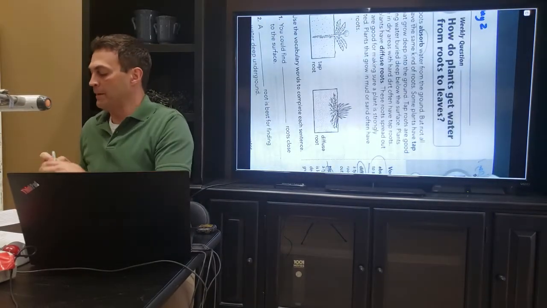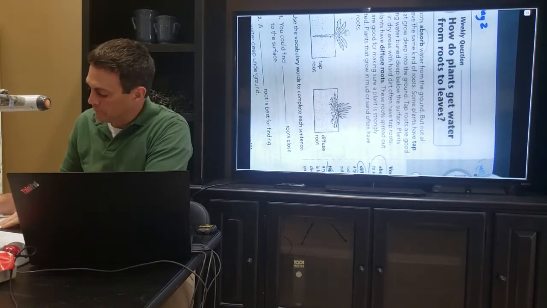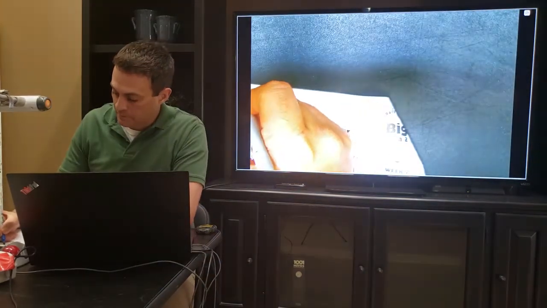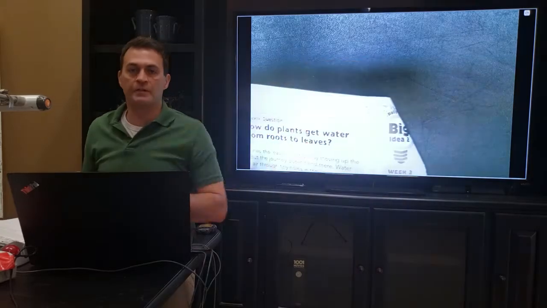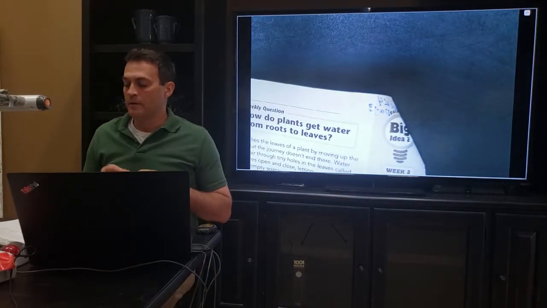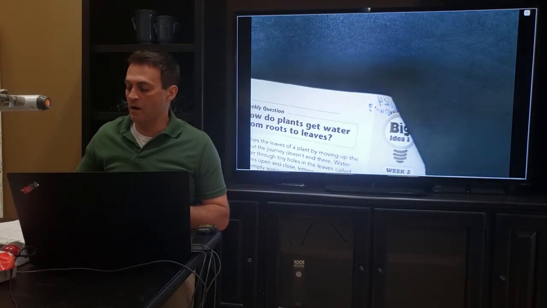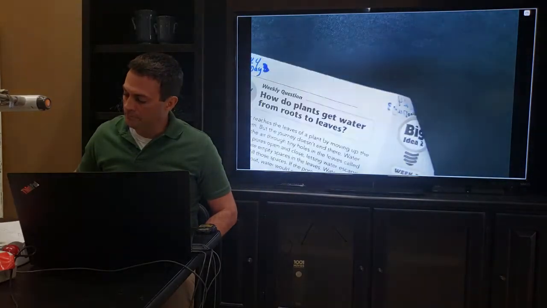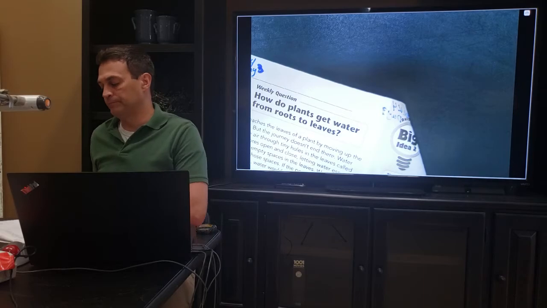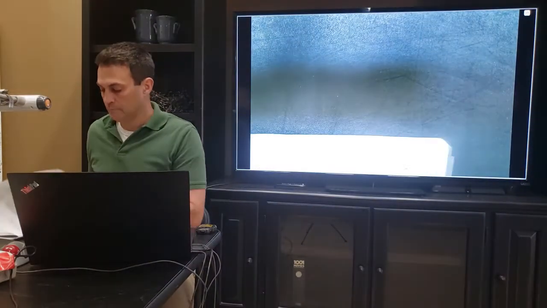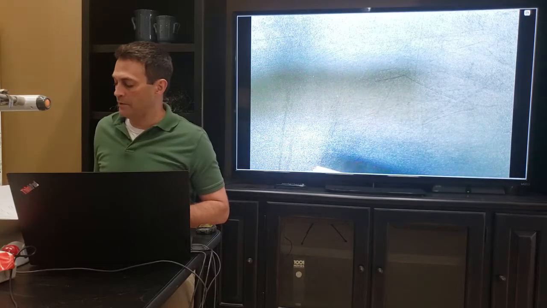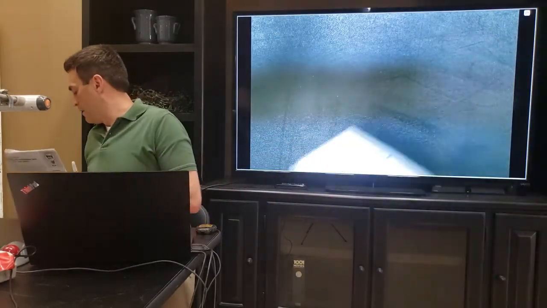These are both day 3 papers. Week 4, day 3s. When I originally made this, I was going to do science a little different. So both these science sheets are week 4, day 3s. Okay, so there's a front and back. All right, so change that to that. Okay, here we go.